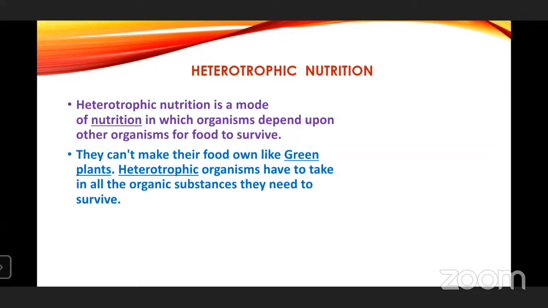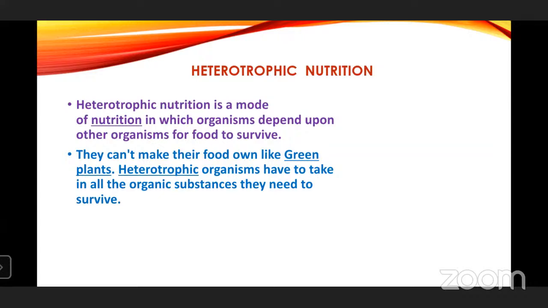Heterotrophic organisms have to take in all the substances they need to survive. Green plants prepare their own food material by the process of photosynthesis, which we discussed in previous classes.